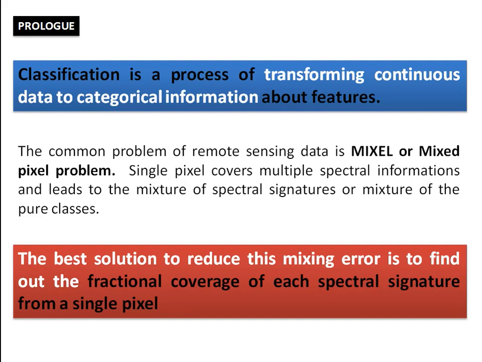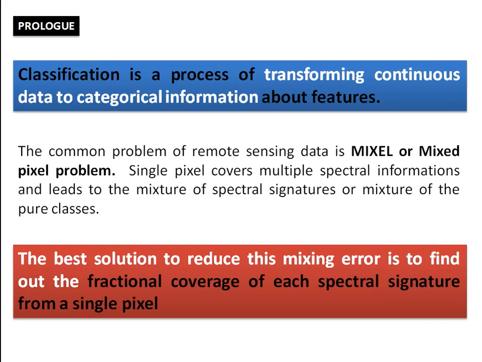It is basically seen due to low spatial resolution. But if you get images having high spatial resolution like IKONOS, QuickBird, etc., then you can have a lesser amount of mixing of the spectra. But spectral mixing is very obvious, so it cannot be avoided.